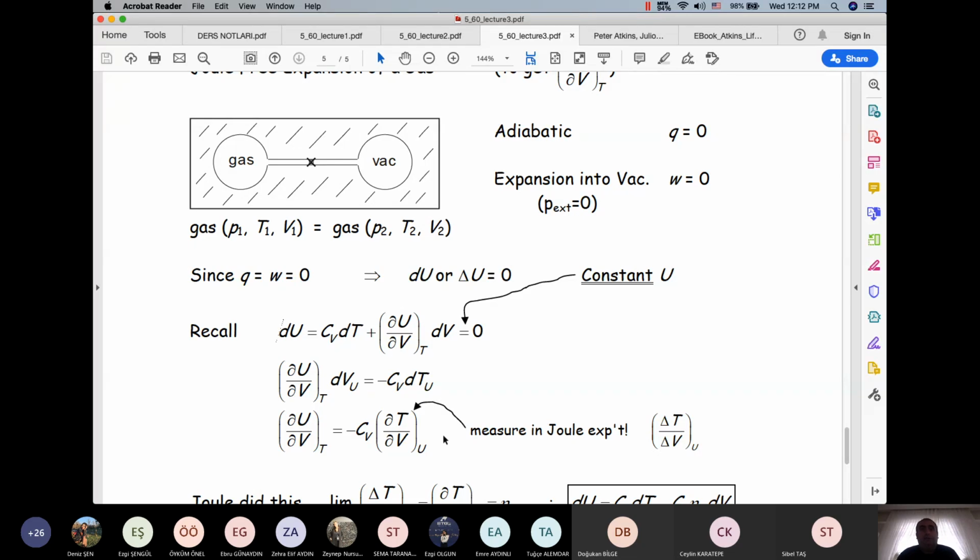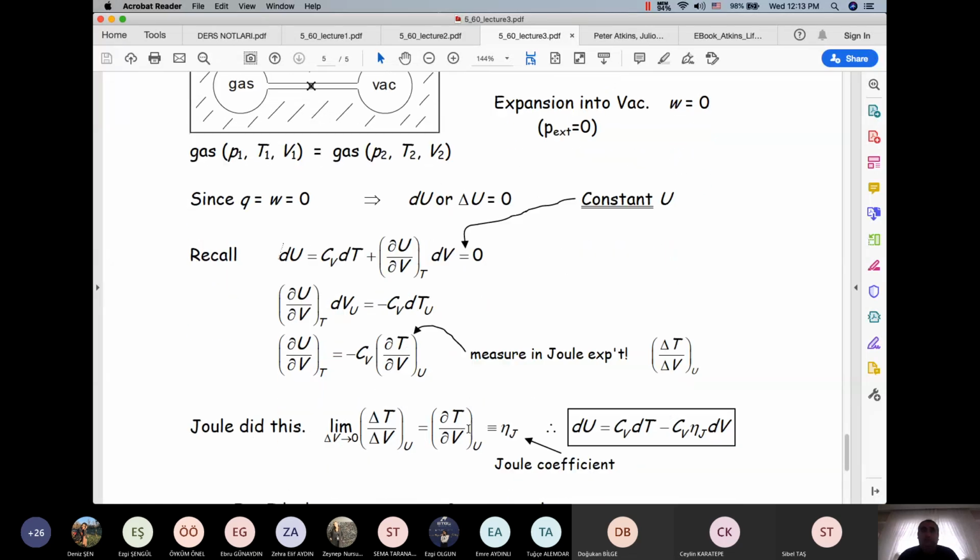This is very important because now you are not giving any heat to the system. You are just changing the size of the system, expanding the system, but the system gets cooled. The system's temperature changes upon expansion or compression.